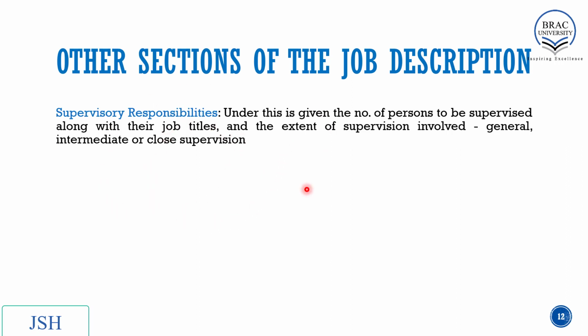So he or she will have to supervise 50 people, for example, in the marketing department. So his or her responsibilities as a boss or supervisor may be explained in the job description. So that is supervisory responsibilities. Responsibilities as a supervisor or as a boss.